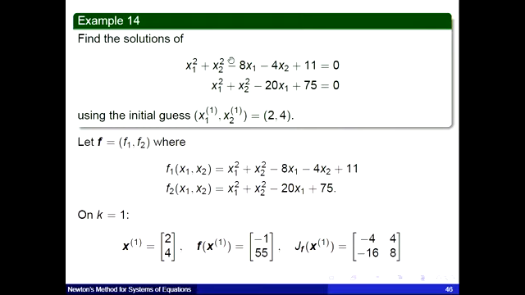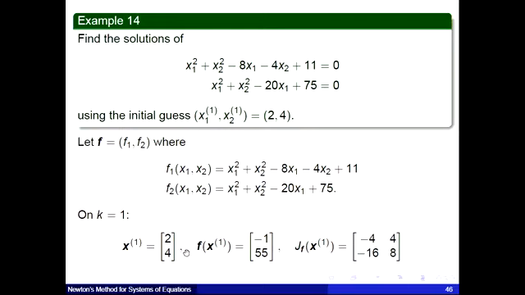So you have x1 squared and x2 squared here. And for the initial guess, I just put in 2 and 4. This is the first equation and the second equation.